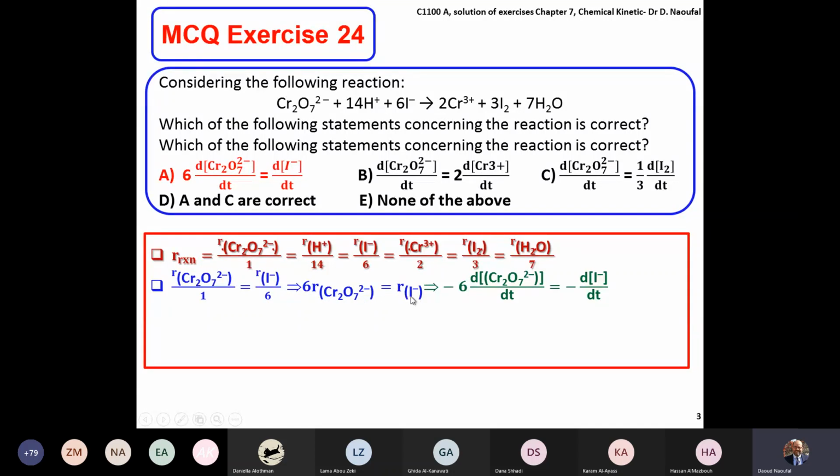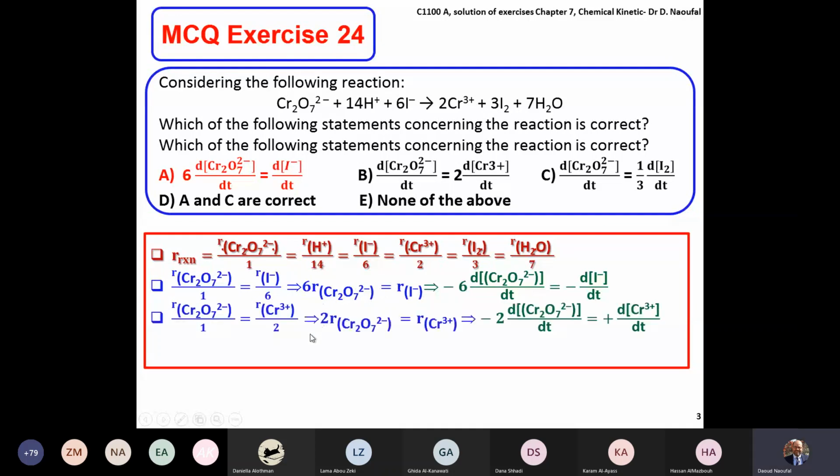Pay attention, the rate of I minus is equal to the variation of the concentration divided by dt, and since I minus is a reactant, we put the sign minus. The rate of disappearance of dichromate equals minus the variation of the concentration of dichromate divided by dt.